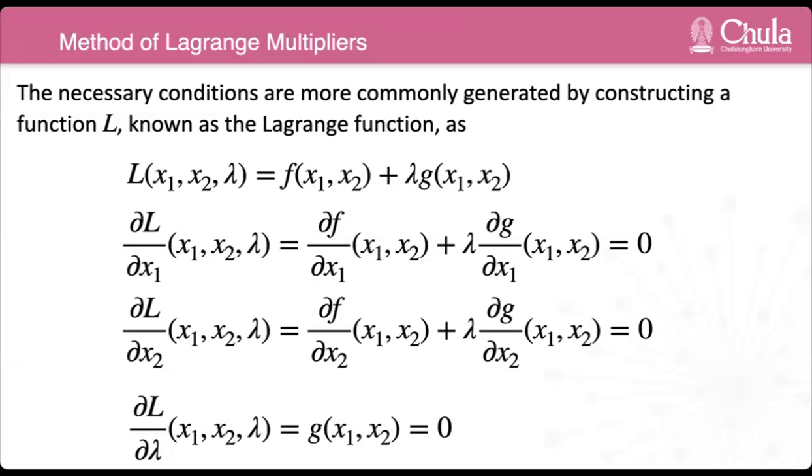Then take the derivative of the Lagrange function with respect to each element and the Lagrange multiplier, and you get the necessary conditions to define the optimum point. No matter whether it's a local minimum or local maximum, it must satisfy this.